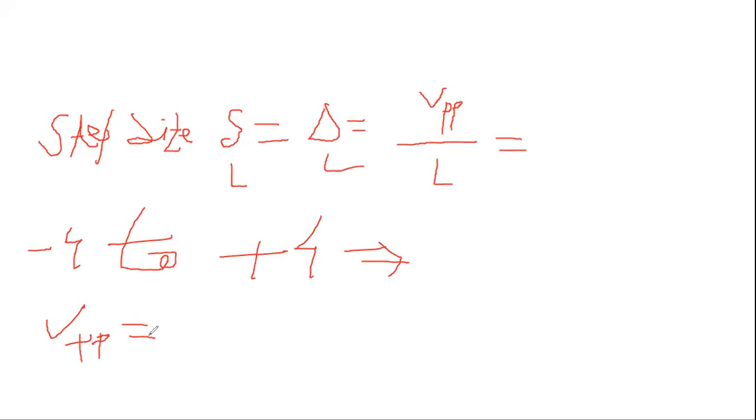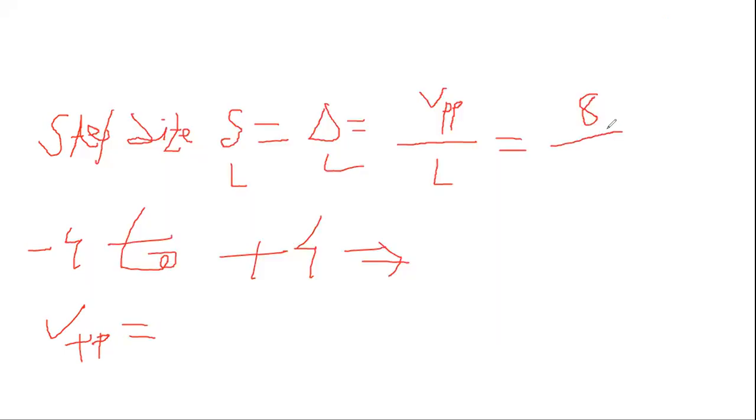It is from -4 to +4. Can you hear me? Okay, if you don't know, I can give you the answer. That is 8 volt. So peak to peak voltage is 8 volt because it is from -4 to +4. Simple. I would expect that I will get the answer from your side.